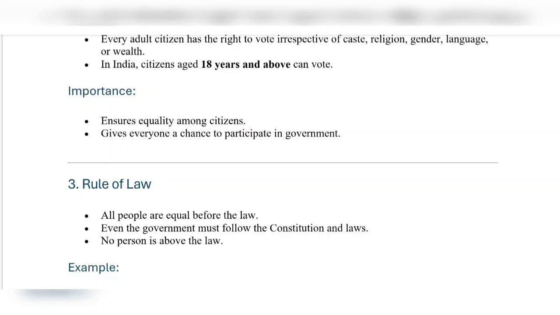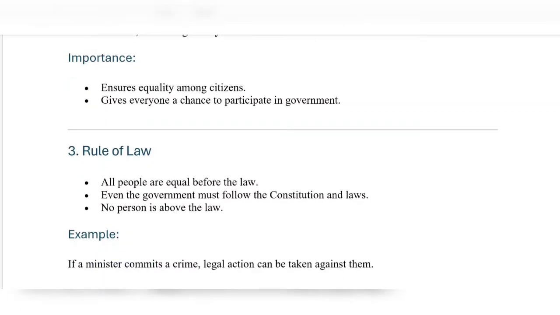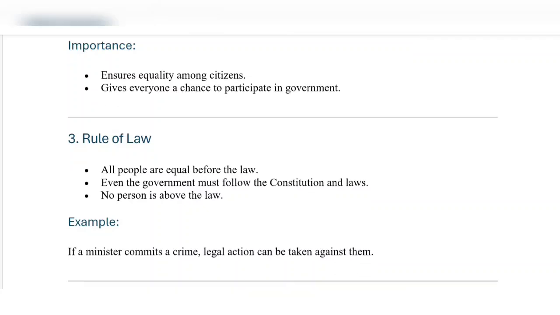The reason is that we wanted all those people who participated in the struggle for independence to feel respected in society. So this voting right was given to everybody, and it was a great decision taken by our leaders at that time.